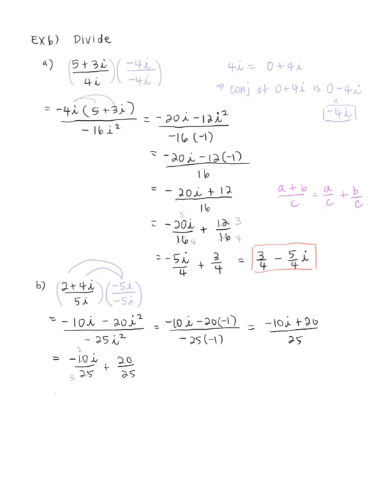So we have negative 2i over 5, and then plus, looks like 4 over 5. All right, so now we're going to rewrite because we want the real part to appear first. So swap it around. The real part is 4 over 5, and then minus 2 over 5, and then i. So this is our answer.